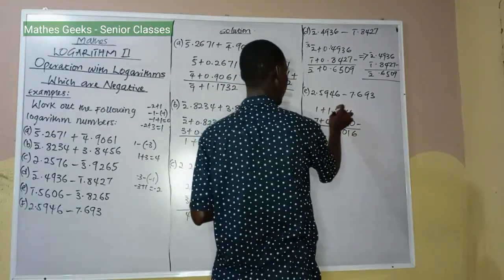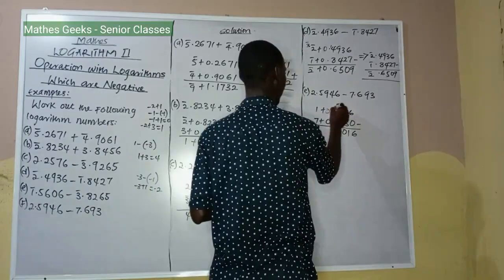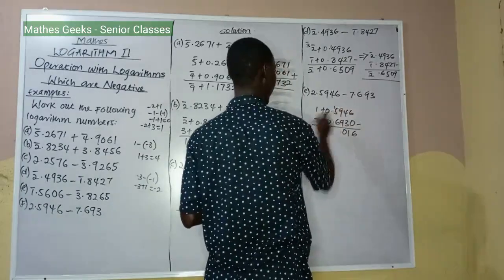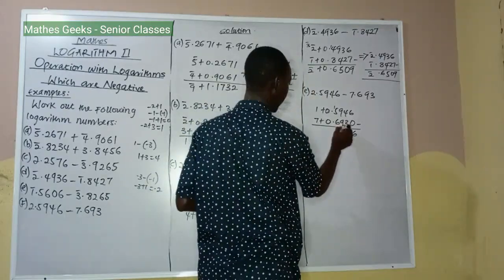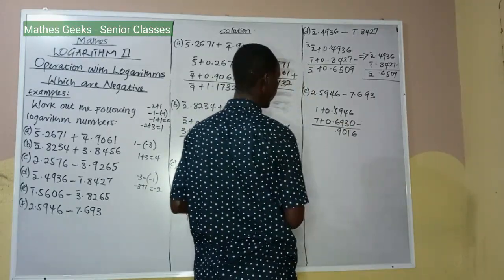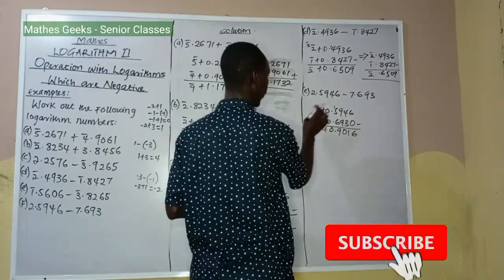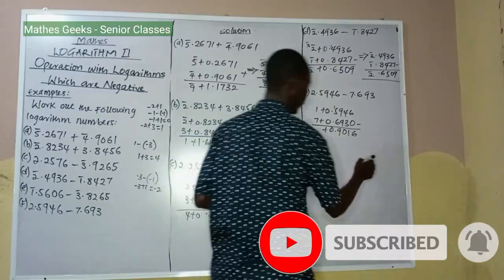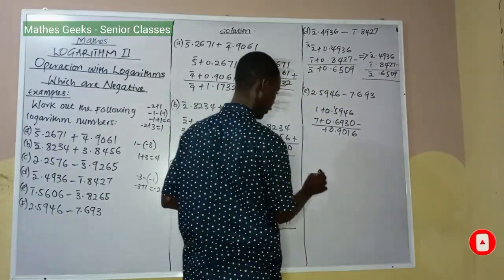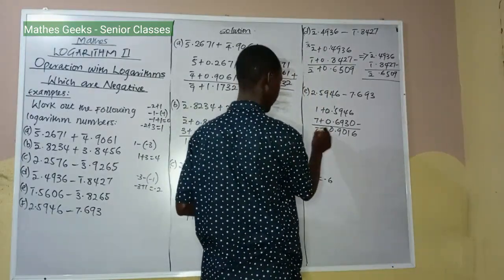So 1, you borrow this to this side, here becomes 0, and here is now 15. 15 minus 6 will give us 9 point. So 0 plus, now 1 minus 7 is equal to minus 6. So this goes by bar 6.